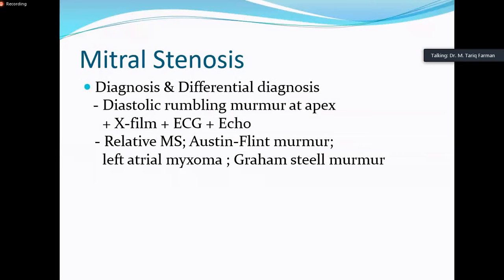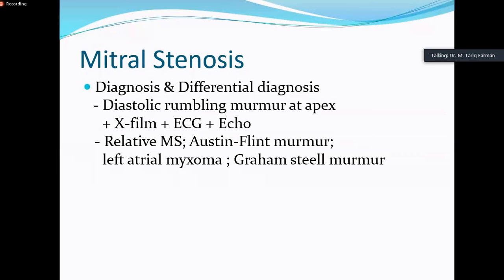So you should not be confused if you have a diastolic murmur and you don't have supporting findings, if the LV is enlarged and the patient has fever, and you don't find the other findings of stenosis.